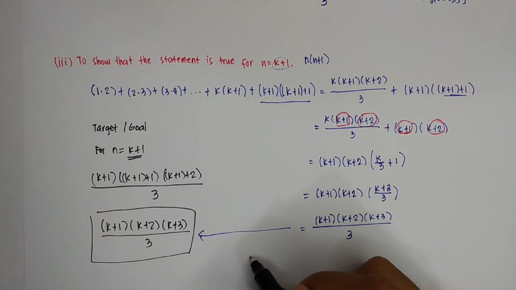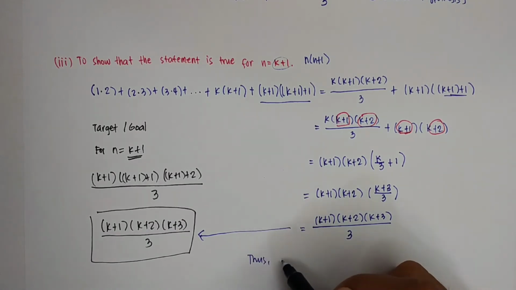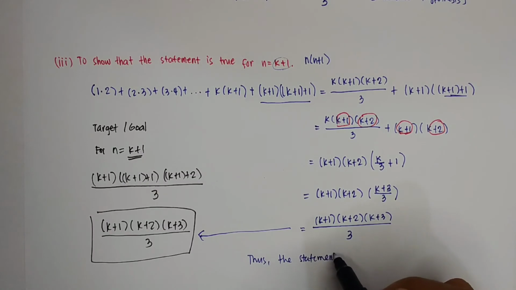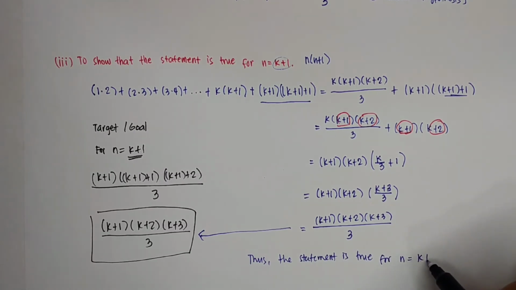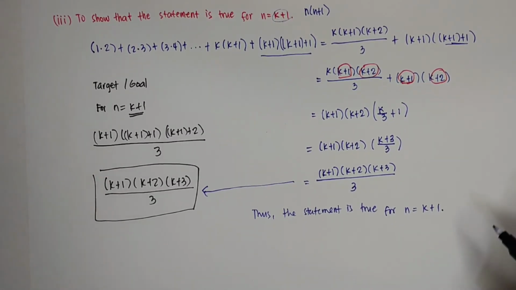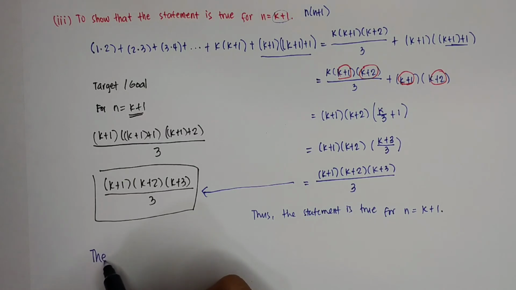That means, thus, the statement is true for n is equal to k plus 1. Therefore, okay, so this will be our conclusion now.